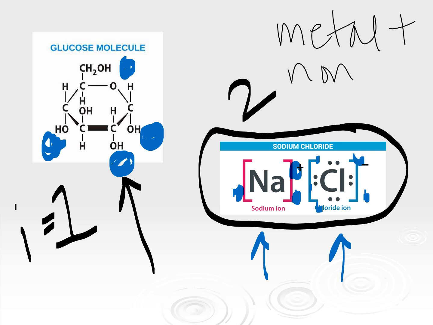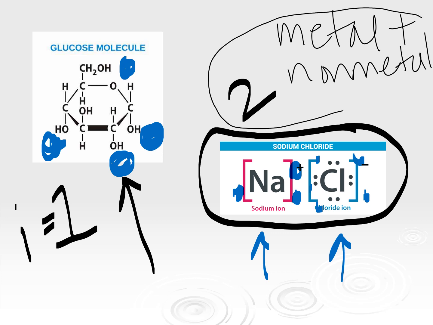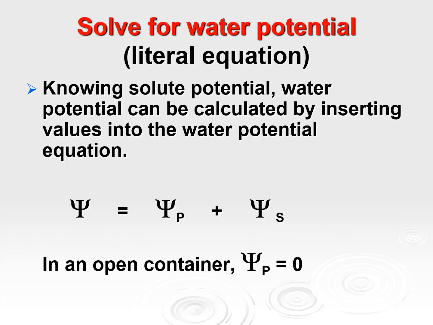And if you can distinguish that, I'll write this here. So if you can distinguish that, you know that the ionization constant for an ionic compound is going to be 2, and an ionization constant for anything else like a sugar is going to be 1. And that's how you figure out i.